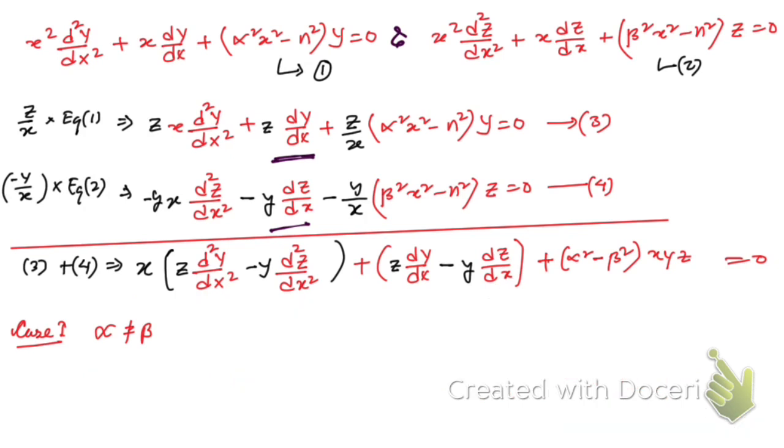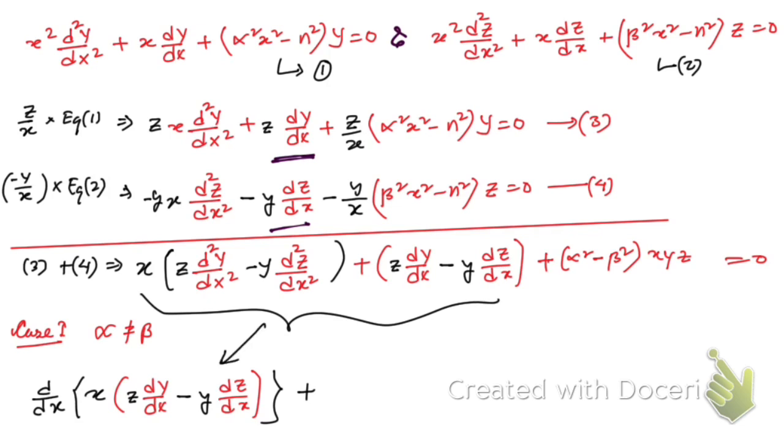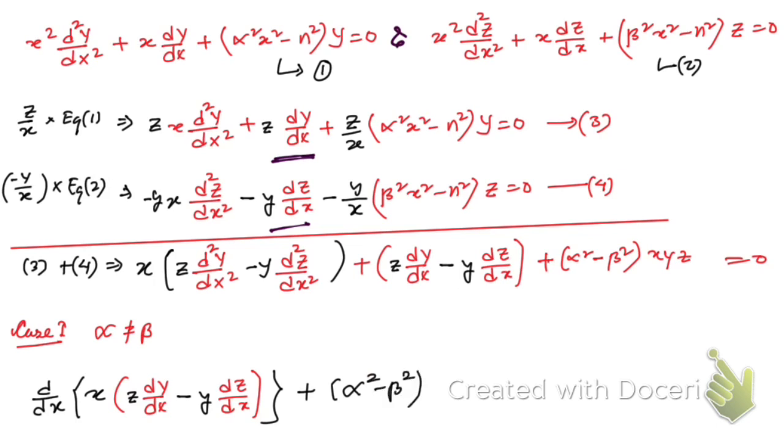So now we can write d/dx of x into this, plus, instead of this part I have written this, and plus alpha square minus beta square into xyz is equal to 0.